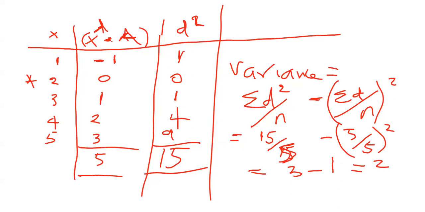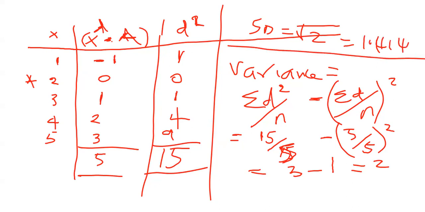You remember when we did it that time, we got 2. So from all indication, the standard deviation will now be the square root of 2, which is 1.414. And that is it.